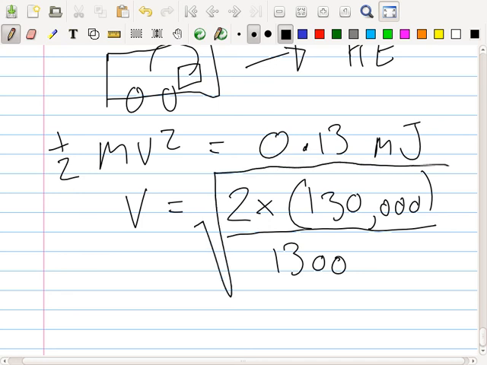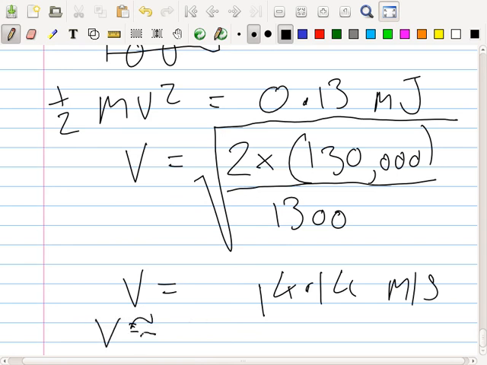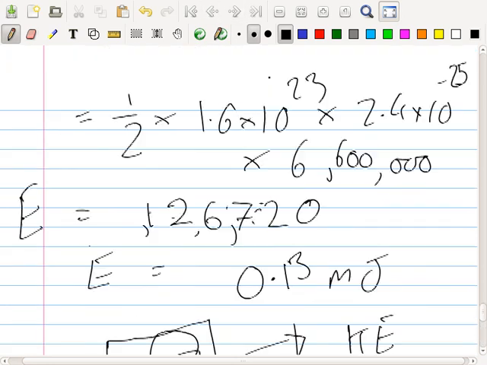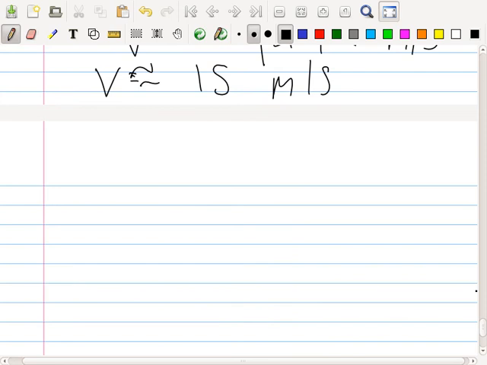Albert, calculate please. 14.14. So, roughly 15 meters a second. So that's how fast our car is going.